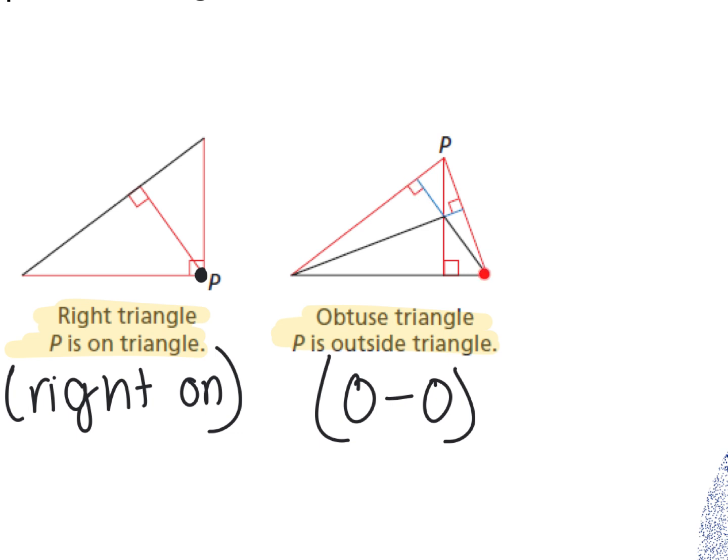Same thing with this one. No matter where I draw this vertex to the side, it would never be perpendicular. So I need to continue this line and draw it to where it's perpendicular. And if it doesn't meet anywhere, you need to continue those lines. So it's going to meet right here at point P. This is what makes it perpendicular at that point.